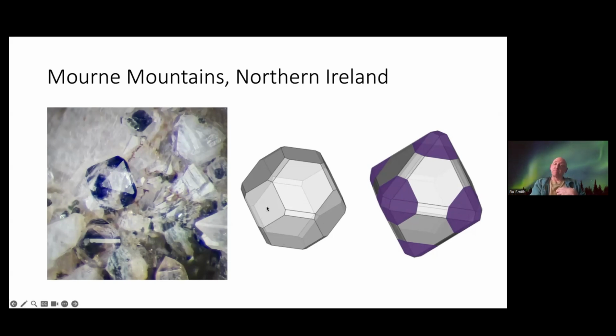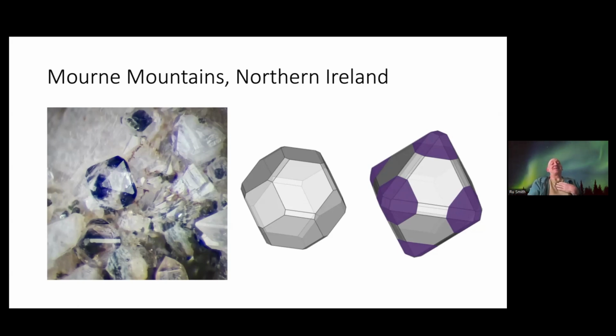We've got quite a prominent cube early on, and then the late phase is the octahedron that dominates. So maybe the temperature went up through time as that was precipitating, or maybe it was something else.